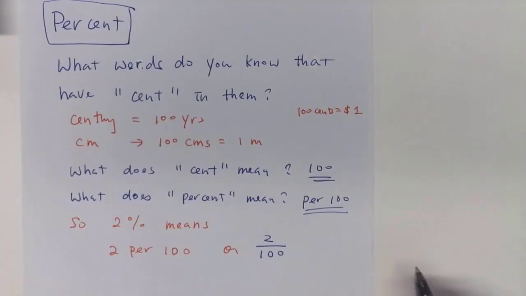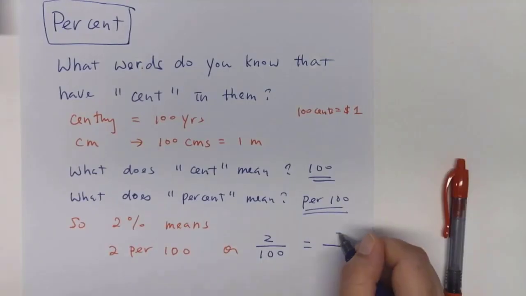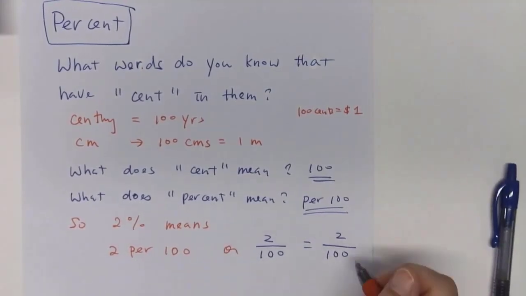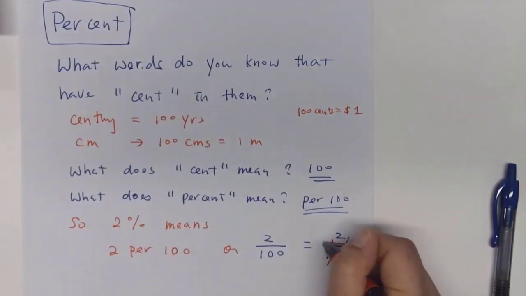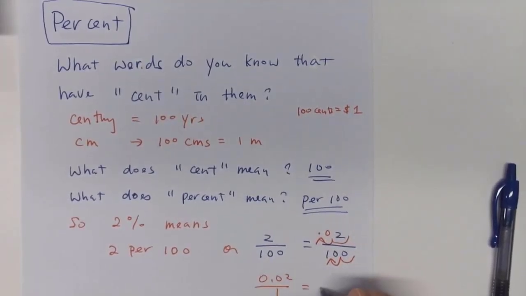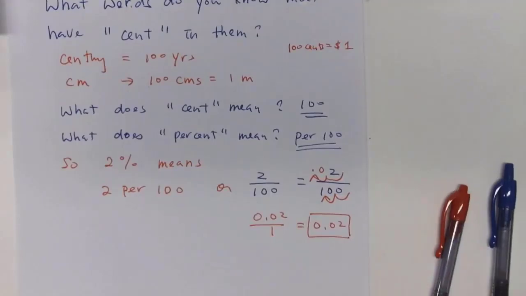And because we can also turn the fractions into decimal, right? To 100, if I try to turn this to a decimal number, we can try to get the denominator equal to 1. Move 2 places like that. This is 0.02 over 1 or 0.02, right? 2% is the same as 0.02.